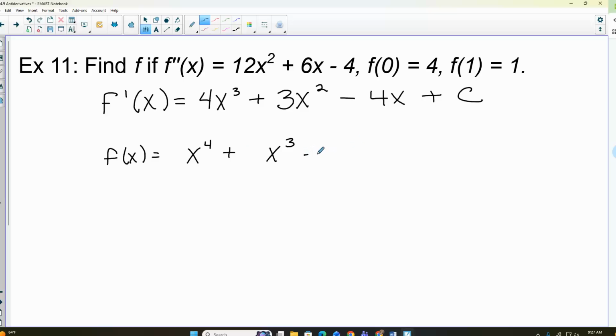Okay. Minus, this would be x squared, so I need a 1/2 in front. 4 times 1/2? 2. Plus, what would be the antiderivative of c, just a constant? C times x. And then we would have a new constant, right? So I'm going to call it k. I don't want to say c again because they don't have to be the same number.